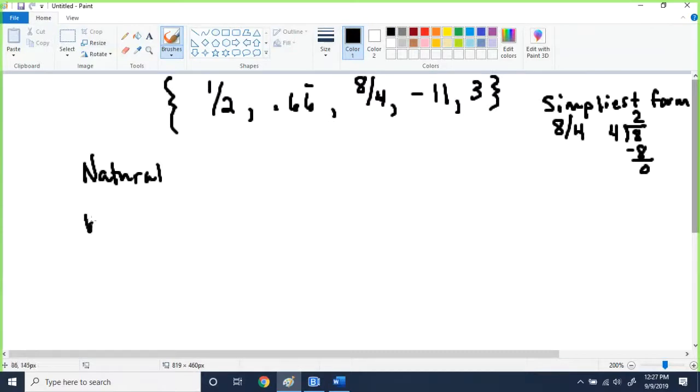So we have our natural numbers, whole, integers, and rational numbers. Again, these numbers can be put in one or more sets. So we have a fraction. We know a fraction goes into the rational numbers, 1/2.